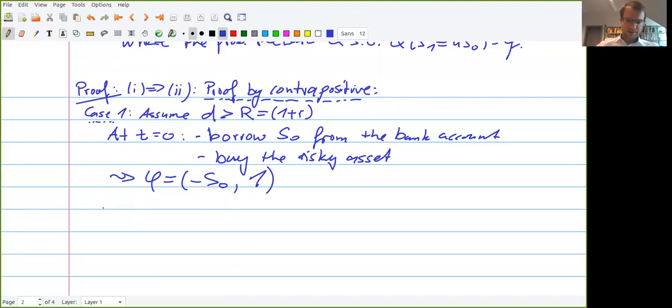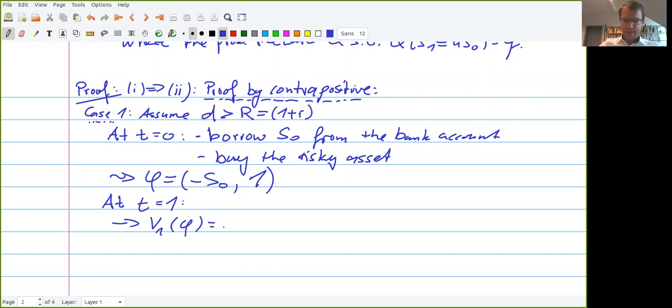And now we wait until time 1 appears. So we wait until t is equal to 1. And what does it mean? What is our value or capital at time 1 now?